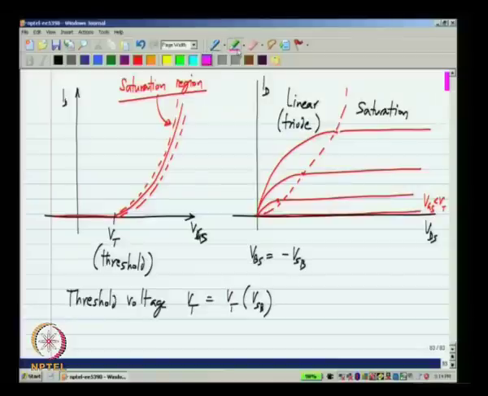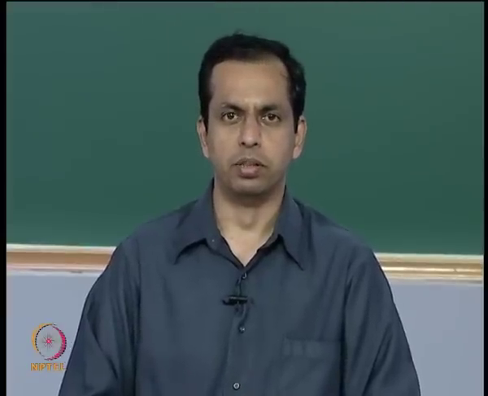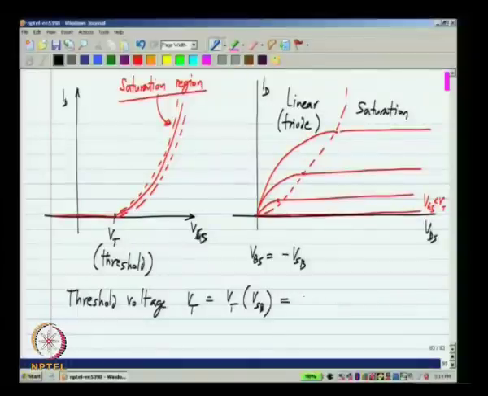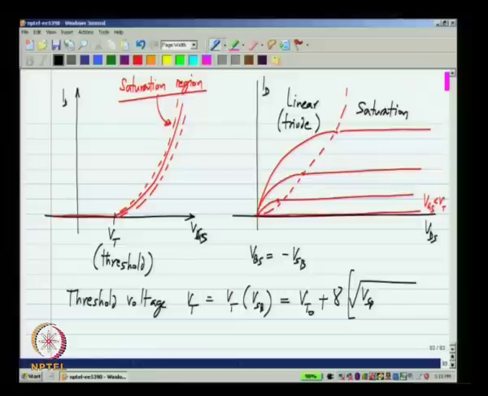You see that so far in our expressions the bulk source voltage VSB has not appeared in the picture, but it will indirectly through the threshold voltage Vt, and Vt is given by some Vt0, which is the threshold voltage when VSB equals 0, plus some parameter gamma times square root of VSB plus 2 phi f minus square root of 2 phi f.